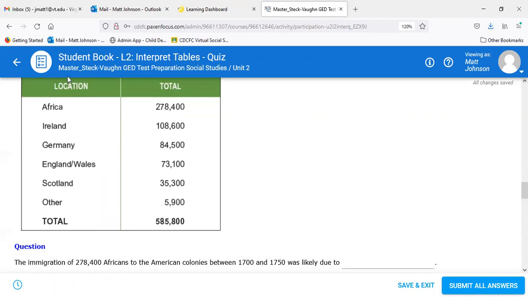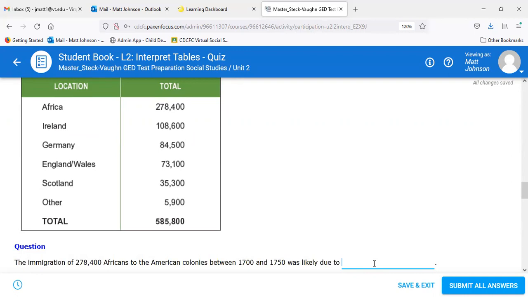Greener pastures. Oh, greener pastures. Unfortunately, no. They're including slavery in this migration. Slavery. Yeah, if you look at that number, I would guess that nearly 100% of that 278,400 quote unquote migrants, that's a forced migration due to slavery.